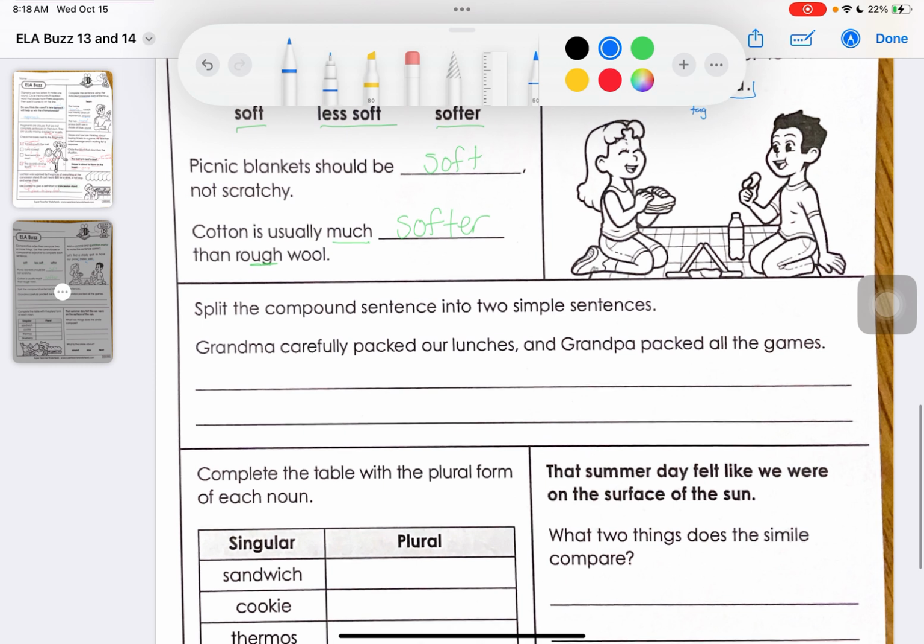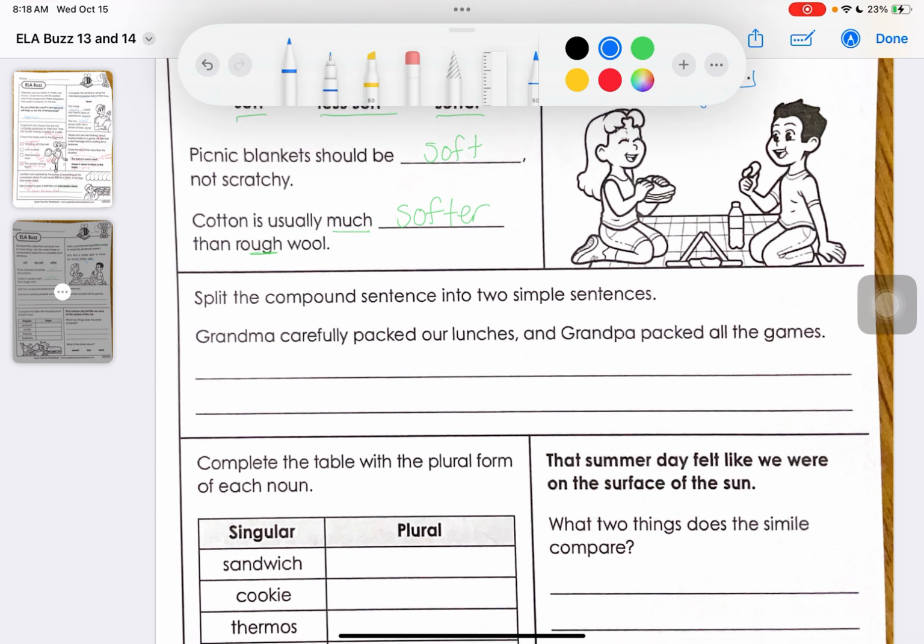Split the compound sentence into two simple sentences. A compound sentence is where two sentences are pushed together to make one sentence. This one is saying take the compound sentence and split it into two simple small sentences. Grandma carefully packed our lunches and Grandpa packed all the games.